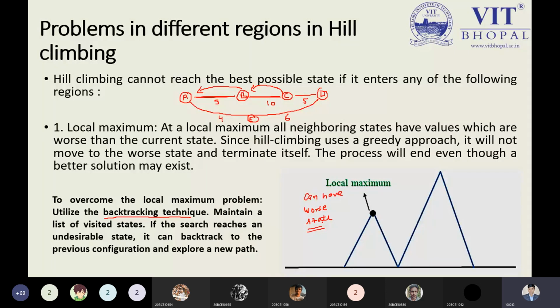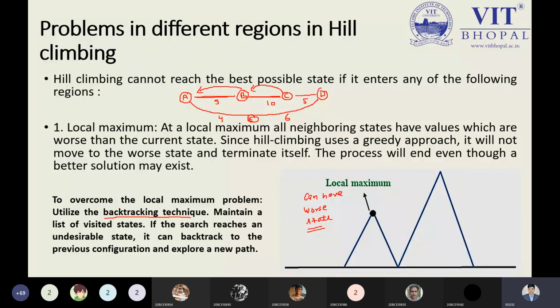My objective is to minimize or maximize the objective function, to get the higher value or the minimum value. But if I'm stuck in a worst case, my plan to keep the minimum value fails, and it will increase my cost. That is not a good solution. That is the problem. At a local maximum, I can stop.